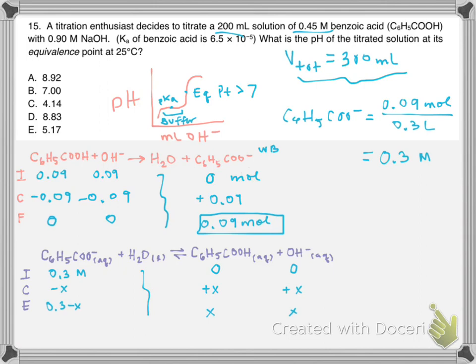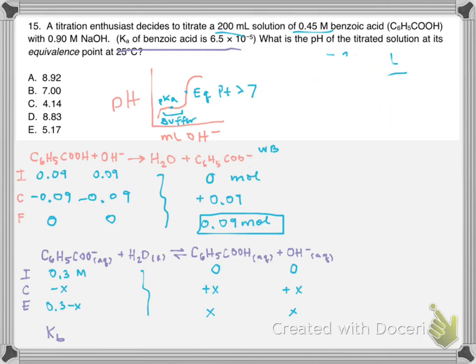Okay, and so we called this a base hydrolysis reaction. So what we're going to need is an equilibrium constant that's related to base, so Kb. The only issue is when we look in our problem, the information that they gave us is the Ka for benzoic acid.